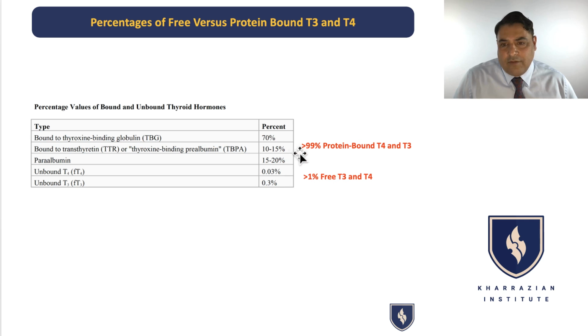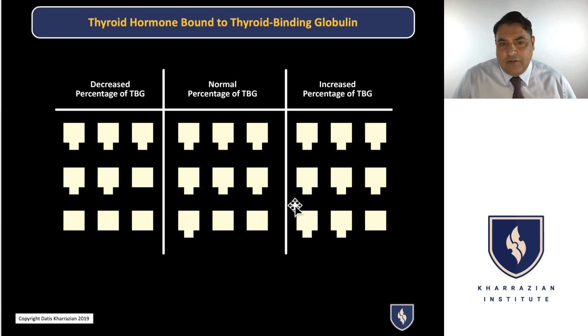That's one of the key things here. We're looking at around 0.3, 0.6, a very, very little amount of free T3. Most of the thyroid hormones are protein bound. That's important because certain medications can change these thyroid binding globulin levels and have an impact on the thyroid unrelated to thyroid dysfunctions. We'll talk about that more when we talk about medication influences.